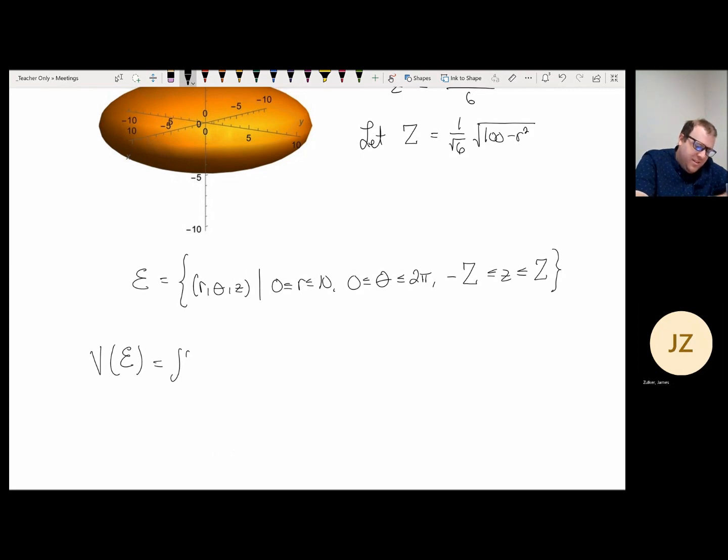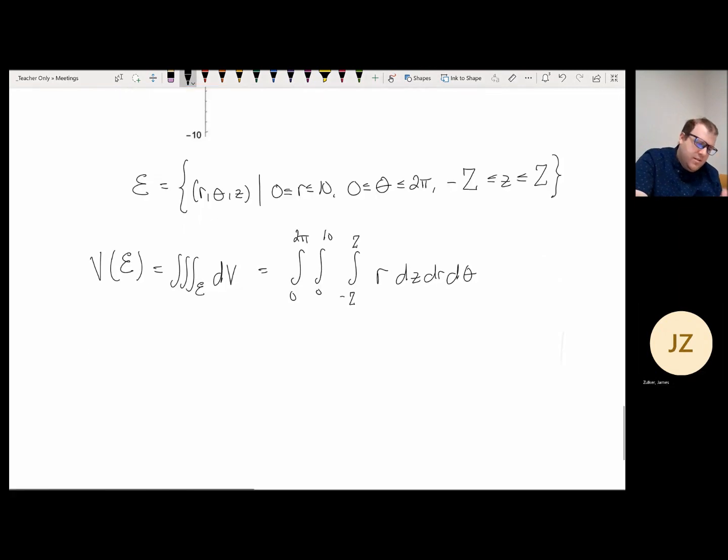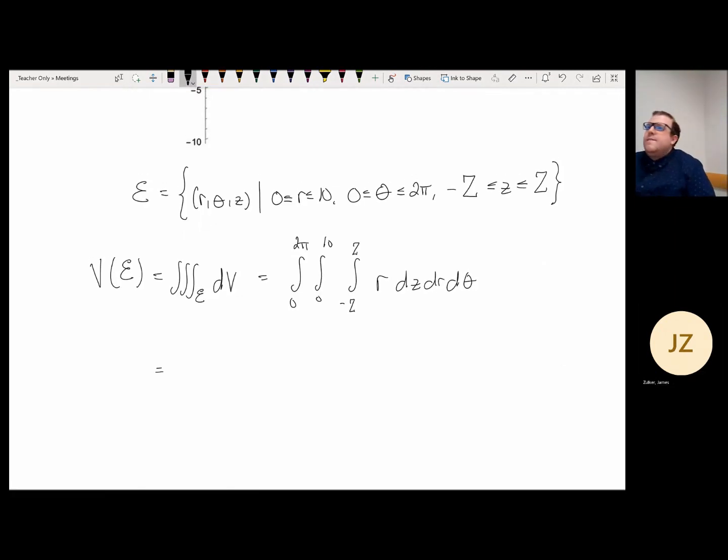Volume of our ellipsoid. Right, triple integral over E. We're gonna have a 2 pi, right?